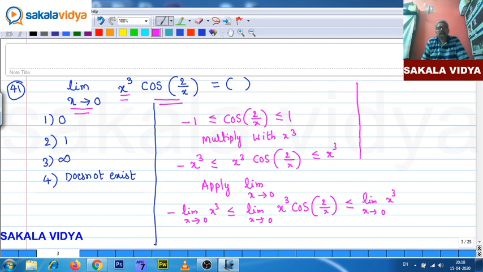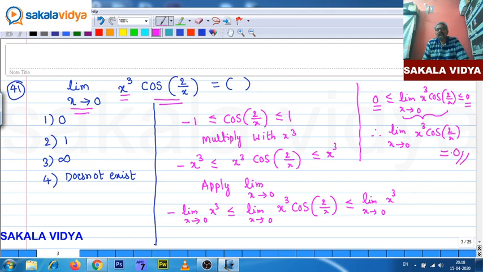So, now we get 0 less than or equal to limit x tends to 0 of x cube cos of 2 by x less than or equal to 0. That means these two are the two layers, and between the two layers is the sandwich. So, this is greater than or equal to 0 and less than or equal to 0. Obviously, therefore, the limit x tends to 0 of x cube cos of 2 by x equals 0. So, the first option is the right option.